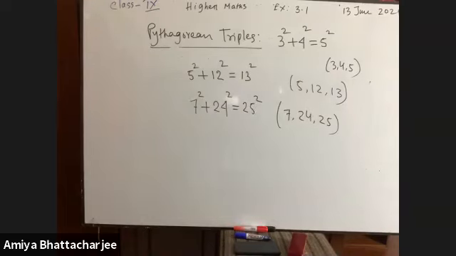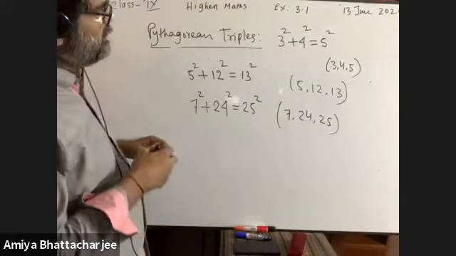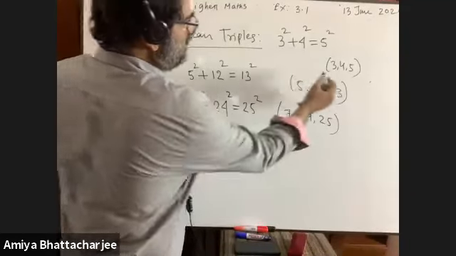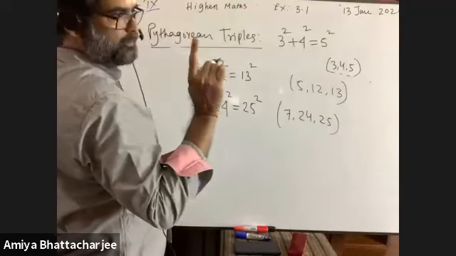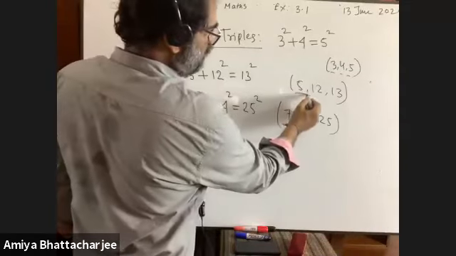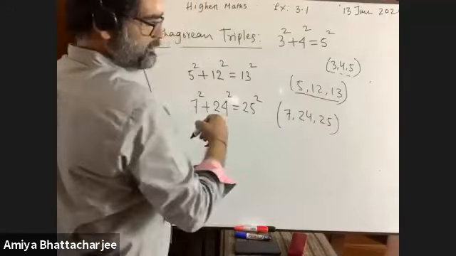Sir, 8 square plus 6 square. Okay, you're absolutely right. But have you seen one relation here, that there is no common factor among 3, 4, 5? There is no common factor among 5, 12, and 13, right?